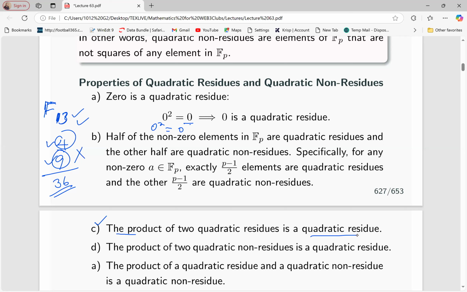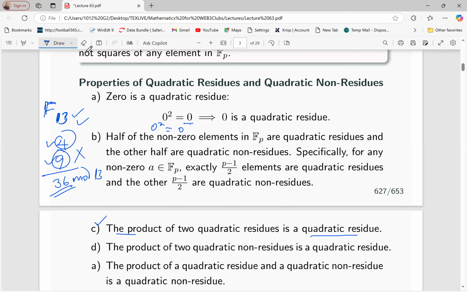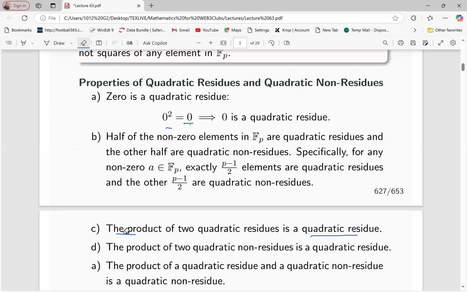So when you multiply these 2 numbers, what you get mod 13 will also have a square root. Of course, it's not necessarily 36 because we shall have to reduce it mod 13. But whatever you get will have a square root. That is what this property is saying: if you have 2 numbers which are quadratic residues, their product will also be a quadratic residue.